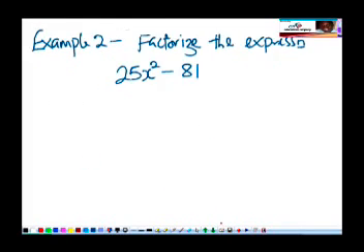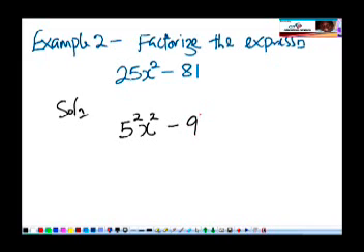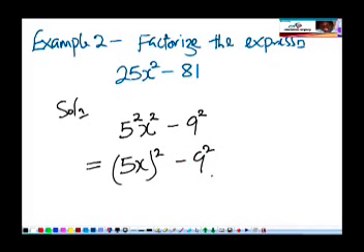We might want to look at some other examples. Say factorize the expression 25x squared minus 81. The square here is applied to x alone, but we can make it have a common base by expressing this one as a square also. So a solution to this can be 5 squared x squared minus, this can be expressed as 9 squared, since 9 squared is 81. So this becomes (5x) squared minus 9 squared.